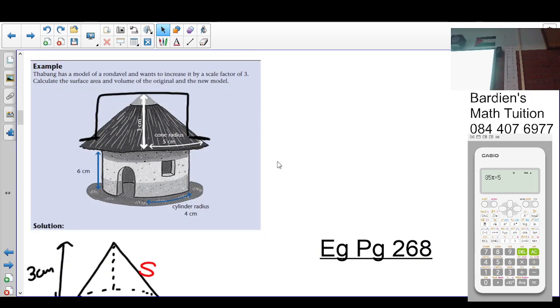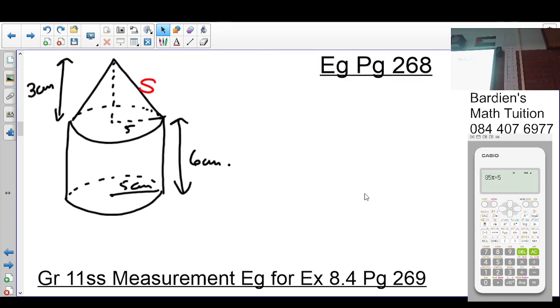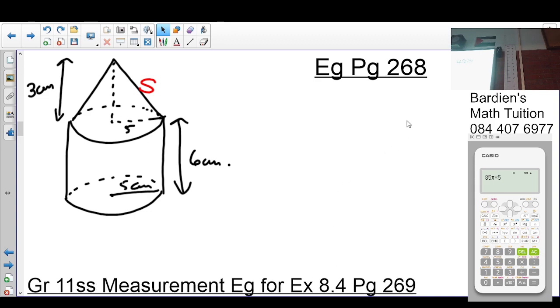Okay, this example is on the electronic version, however it's not in the textbook. So we look at the example on page 268. All right.